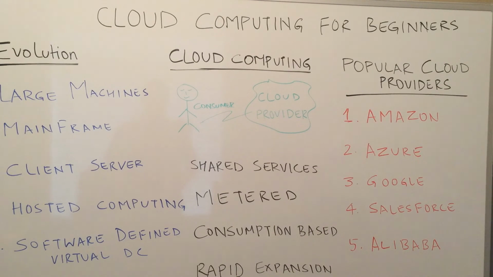Most of these services today are hosted on the cloud, and the services are basically distributed across the globe, so you really don't know where these services are coming from. You consume those services, and you just pay for what you're consuming.